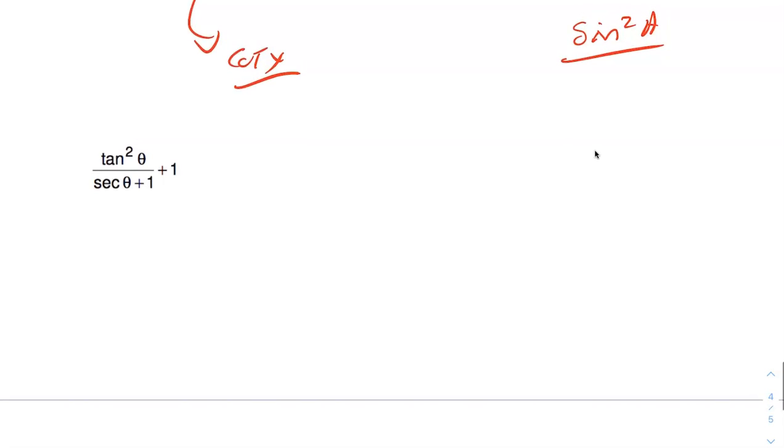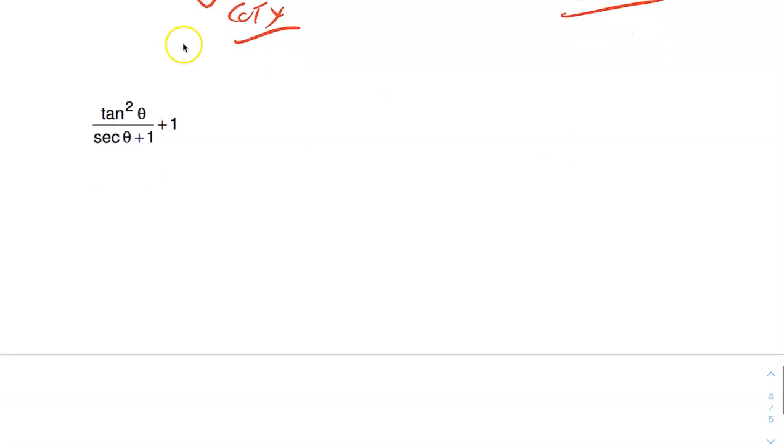The next one's a hard one. It's our last one, so we can finish on a hard one here. So I got tan squared theta over secant plus 1. So let's look at tan squared theta. Actually, it's not as hard as, oh, yes it is. Tan squared theta, I could change that to 1 plus secant, oh no, I can't.